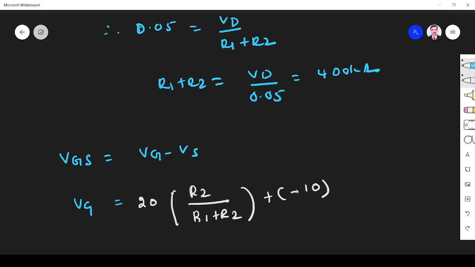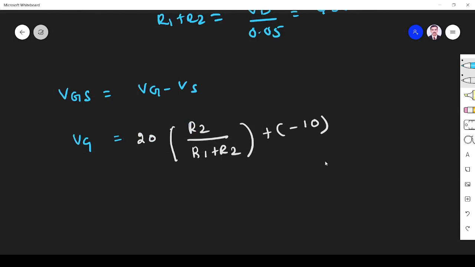Ground is not 0, it is at -10. R1 plus R2 we know is 400, so 20 into R2 divided by 400, minus 10.